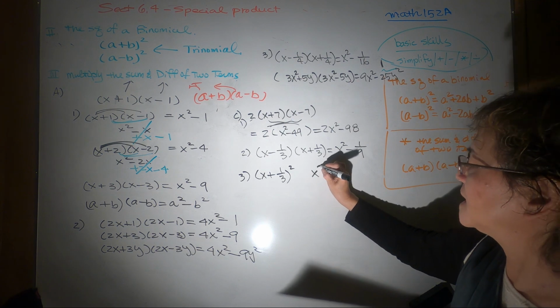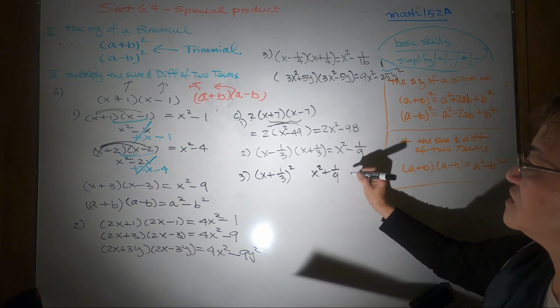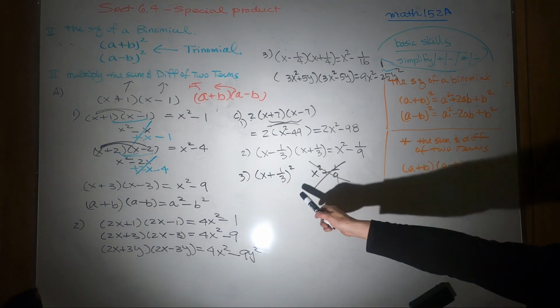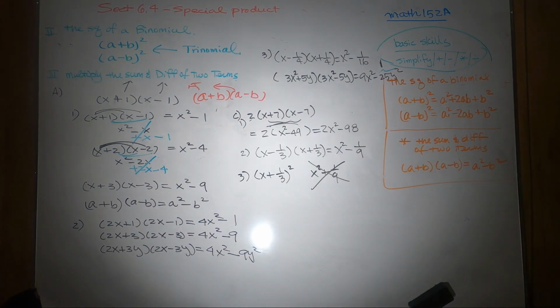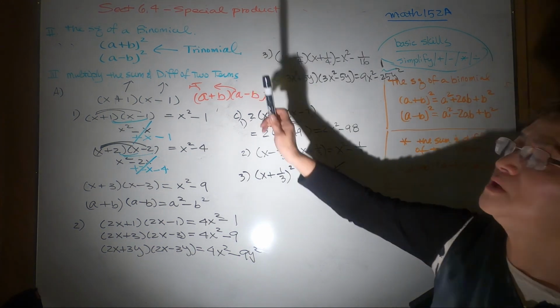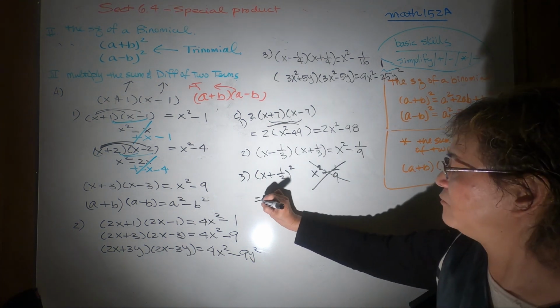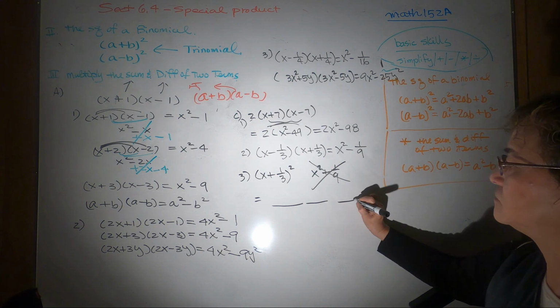You will write x squared plus 1/9 because you just learned that. Don't do that, because the square of a binomial is a trinomial. So you should have a trinomial.